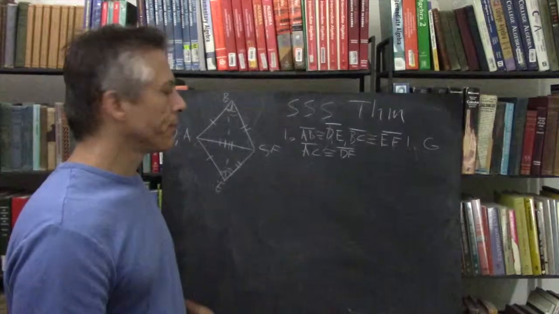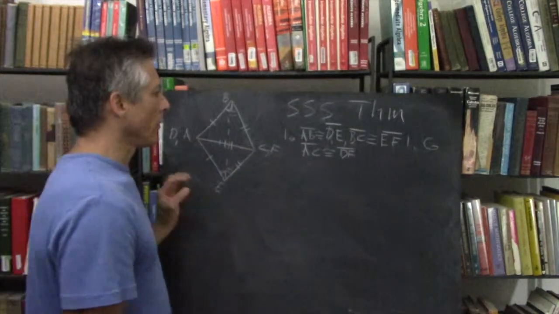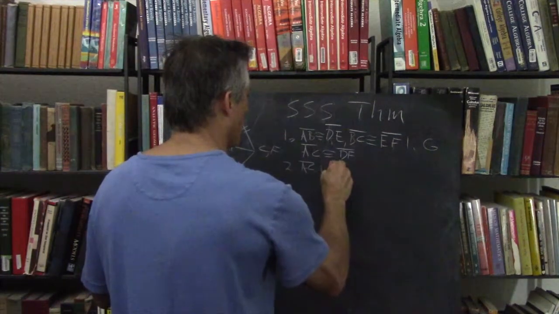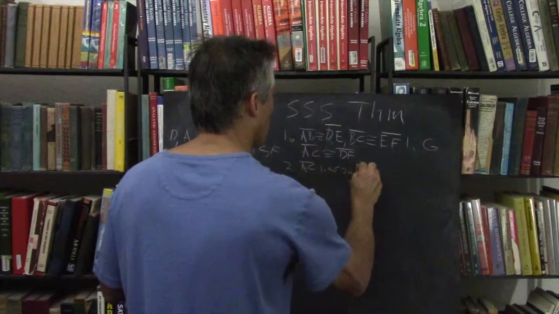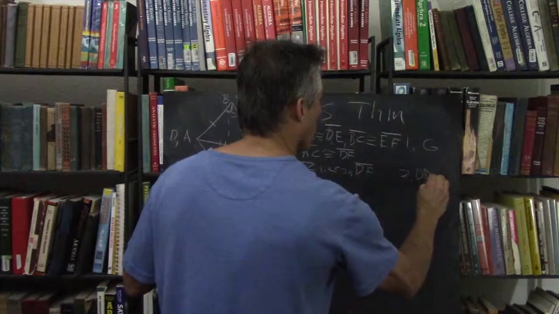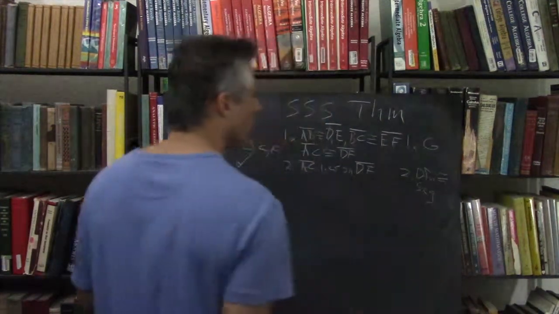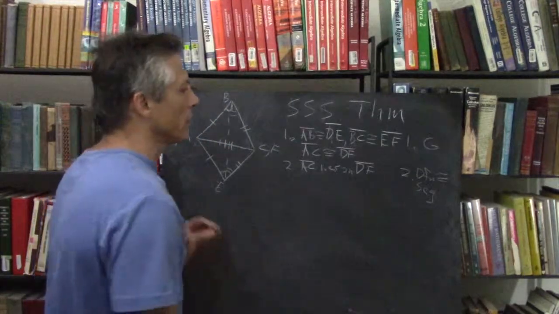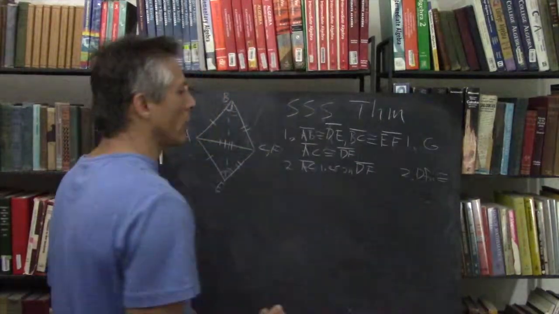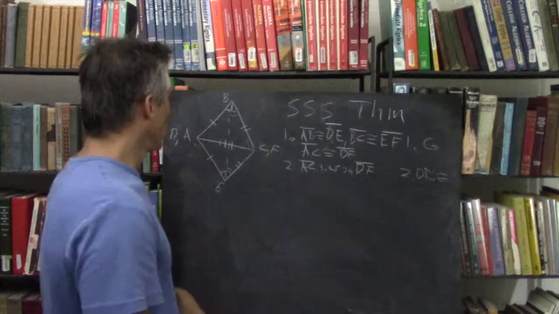G for given. Now, AC and DF overlap. And that's definition of congruent segments, or to say definition of congruent for short, but write down segments when you do a proof. I'm just going to do it like that because of space.